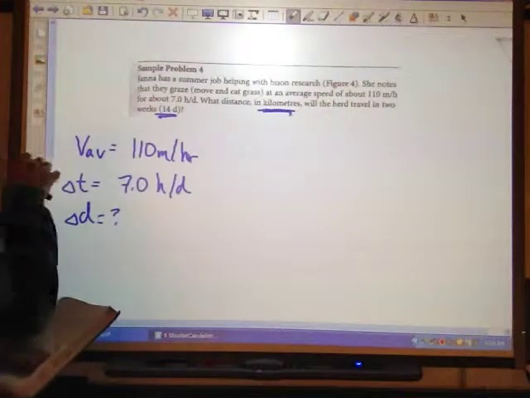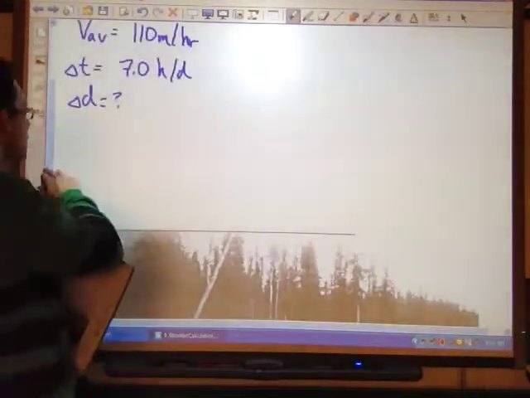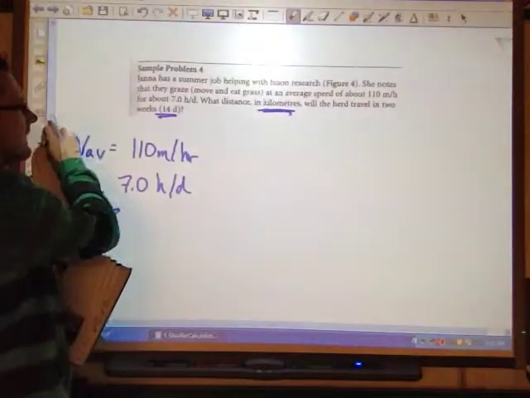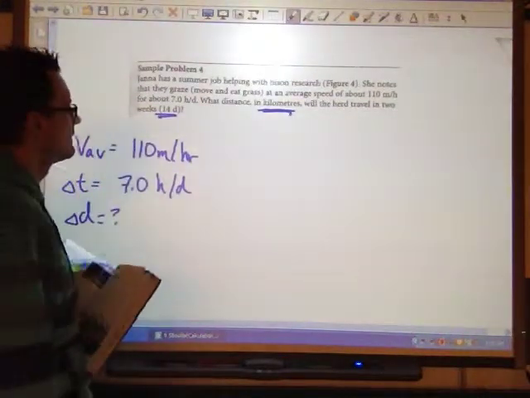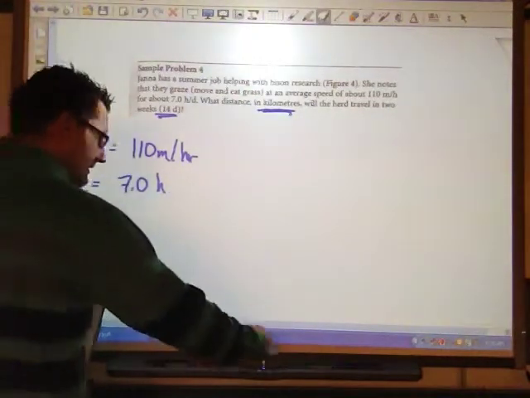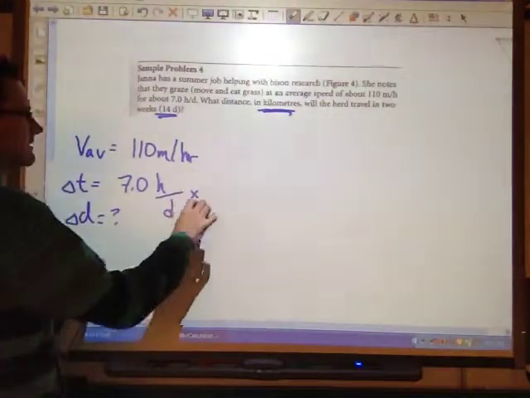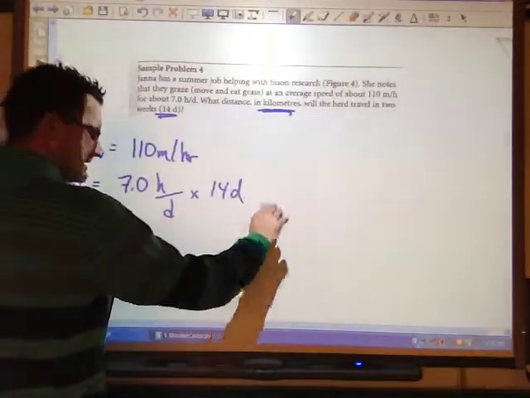Now, maybe we have a little side calculation we have to do here again. 7.0 hours per day, and they're doing this for 14 days.